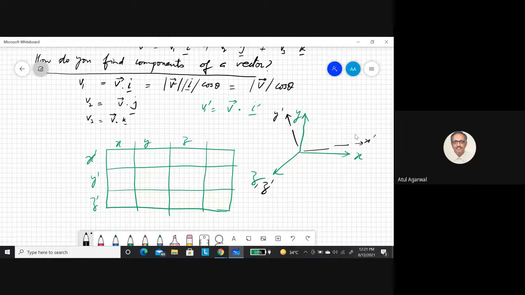So you have got two coordinate systems, x, y, z and x prime, y prime, z prime. Coordinate system x prime, y prime, z prime is obtained by rotating the xy axes about the z axis.